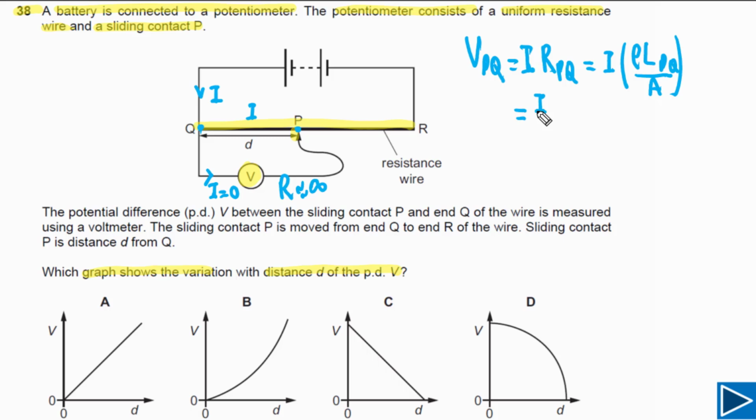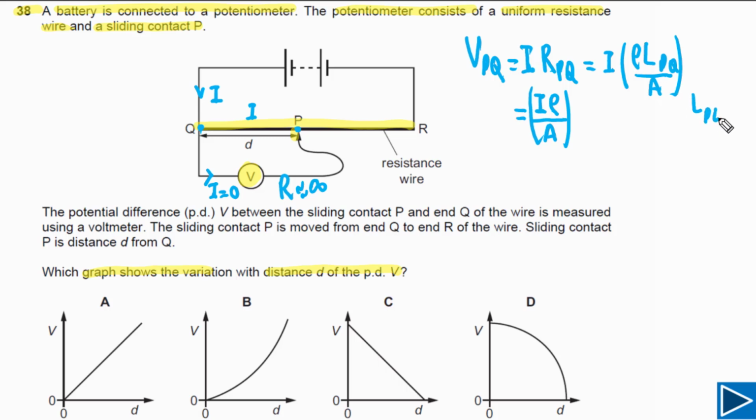So we can take I out, and the wire is the same wire, because this is the same wire between point Q and P and also between point P and R. So rho is also constant, because it is the same wire made of the same material. It means the resistivity is the same. The wire is the same, so it means the cross-sectional area is also the same. Now simply we are left with L, in this case LPQ.